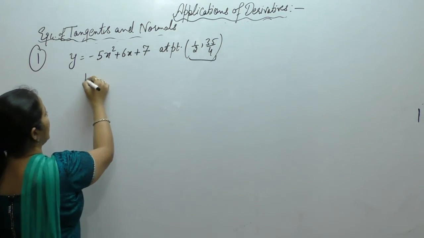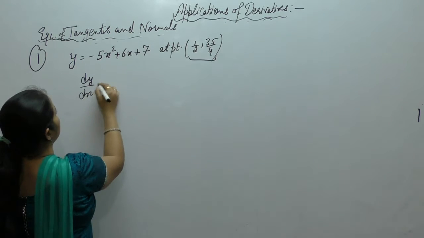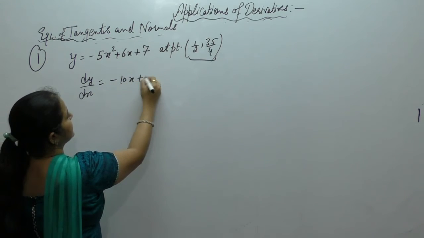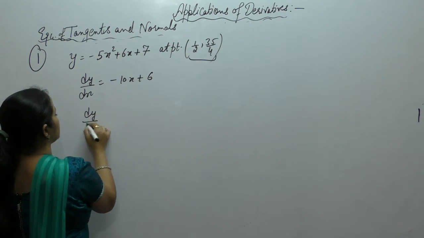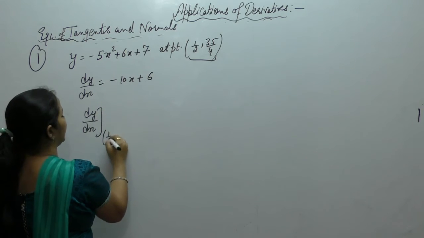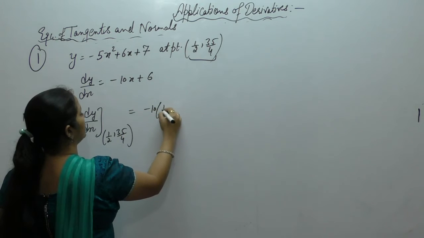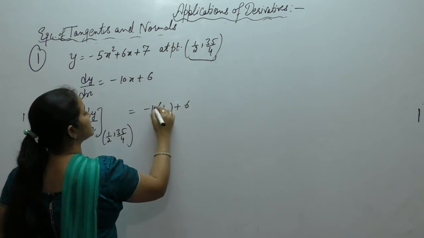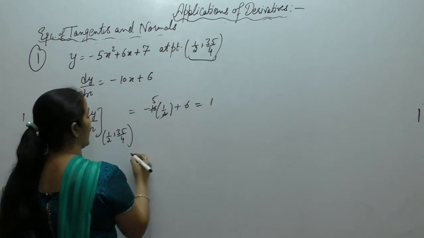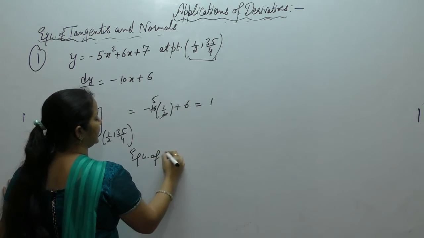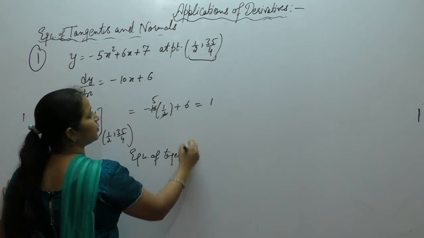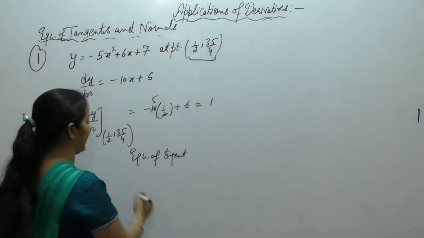First find the slope of tangent: dy/dx is minus 10x plus 6. Now the slope of tangent at the point (1/2, 35/4), x is 1/2, so 6 minus 5, that is 1.